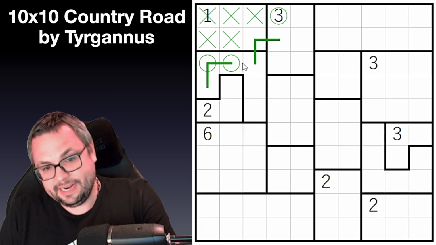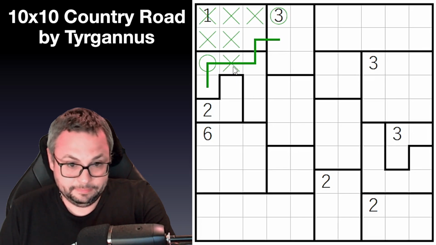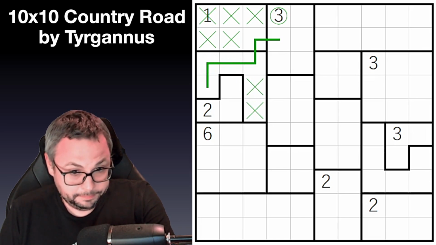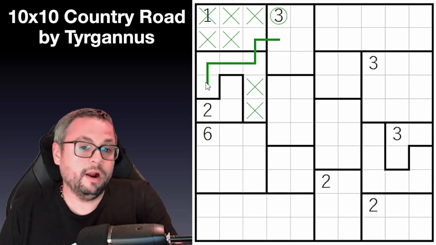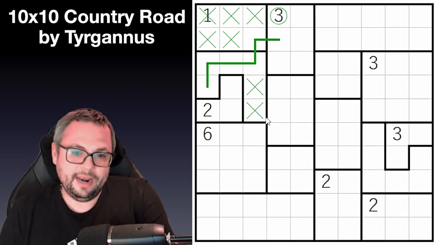And I have to connect these without leaving the country, right? There's only 1 visit to the country, so these have to connect like that. And now these are unvisited, because now I'm leaving the country no matter where I go. I can't visit any more cells in the country. We'll deal with that in a minute.